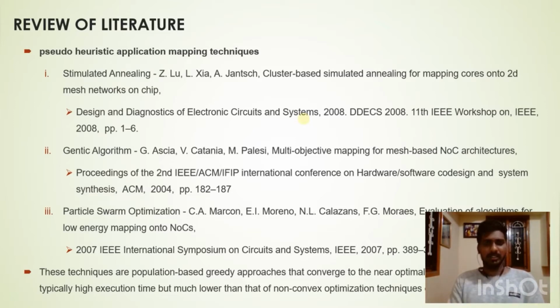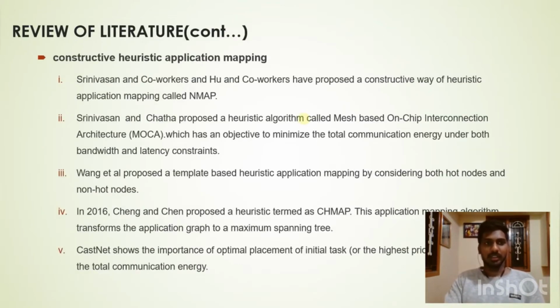Examples are BB and ILP. ILP is integer linear programming, which gives optimal non-convex solutions. It is very much used, and this algorithm is overall compared to the ILP. ILP plays a major role.